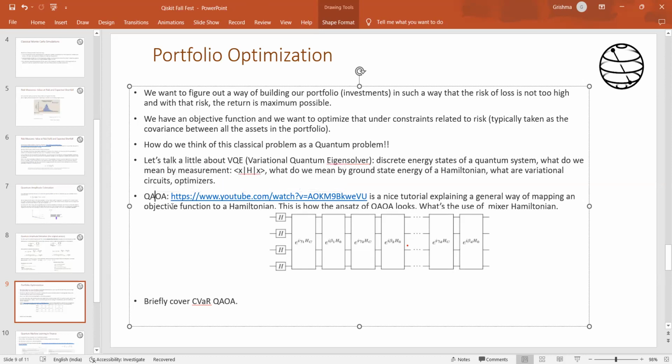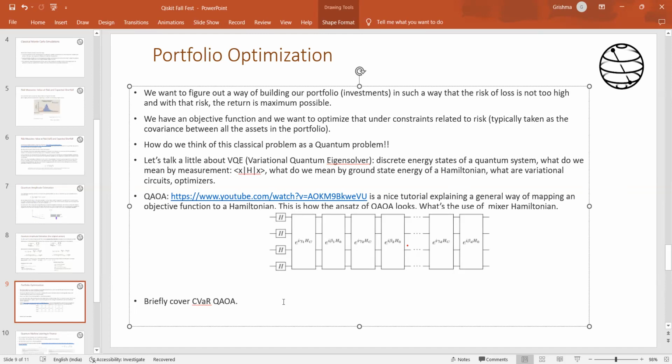So QAOA is a very specific form of VQE, and it has a very specific type of circuit design or ansatz. You have all Hadamards first, and then an alternating problem Hamiltonian and mixer Hamiltonian, and you can repeat them.